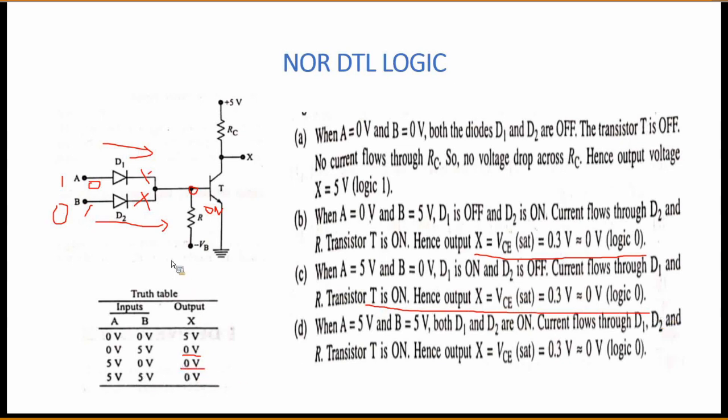Now both are 5 volts, 1 and 1. Both the diodes are in on state, so both the diodes are conducting. The transistor is on, and the output is equal to VCE SAT. This is NOR DTL. Have you all understood this?